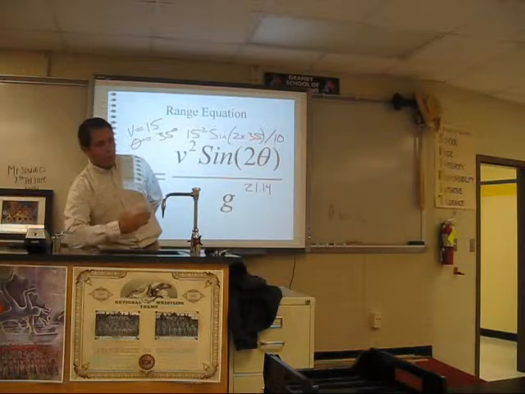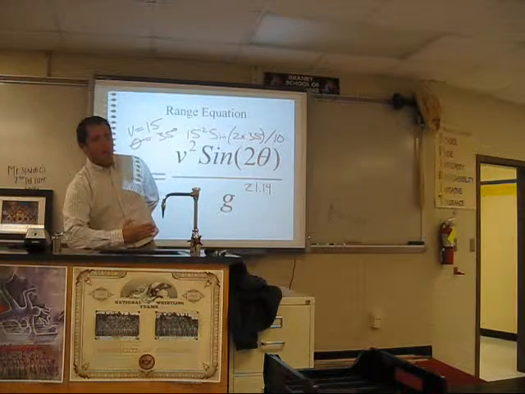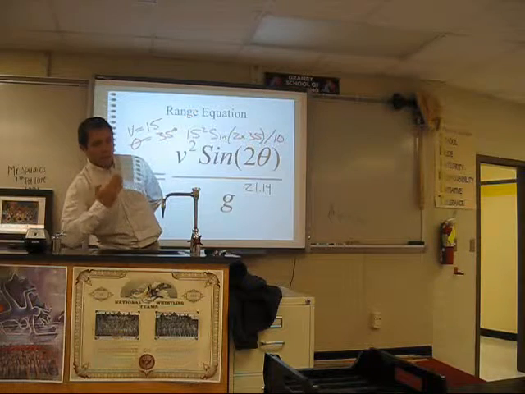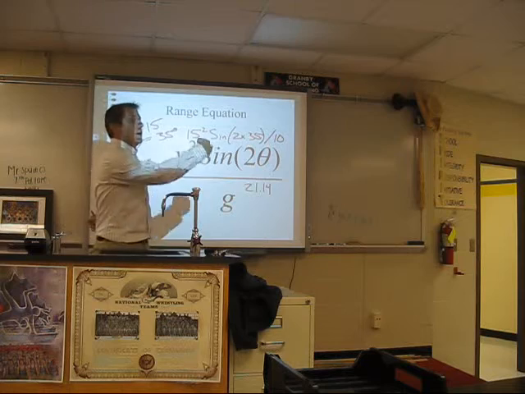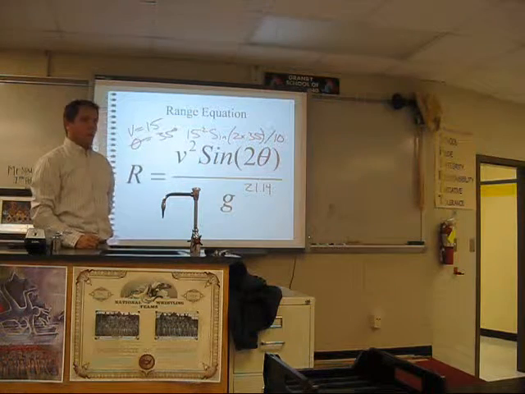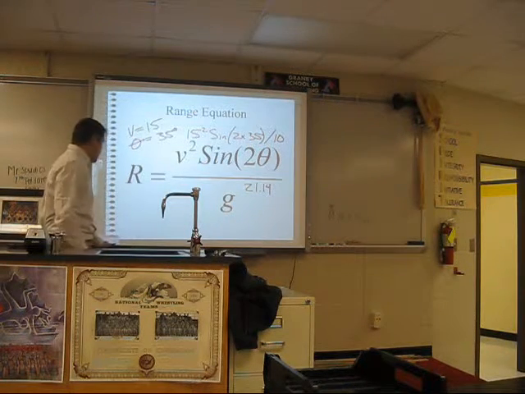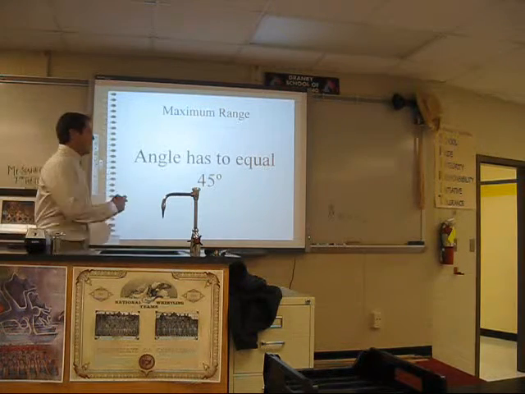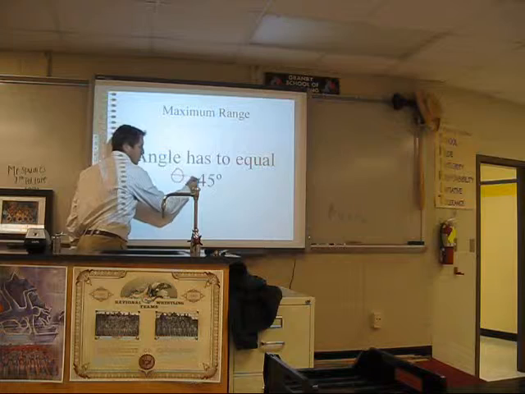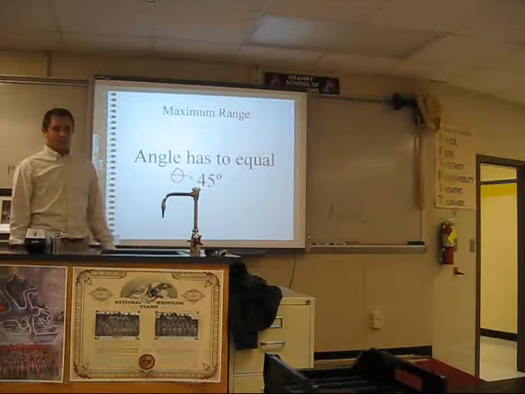That happy medium, where you get a little bit of horizontal velocity and a little bit of vertical velocity, so it'll be in the air for a while but also have a certain speed to go, is 45 degrees. So anytime you hear the term maximum range, that means make theta equal to 45 degrees.